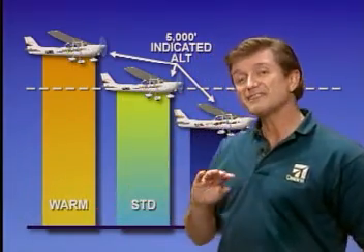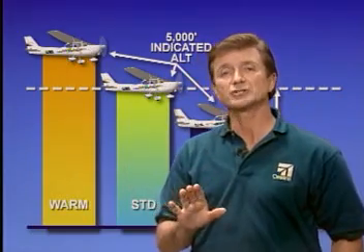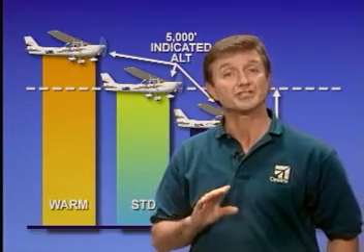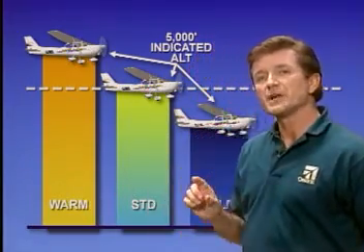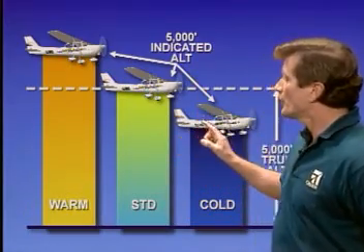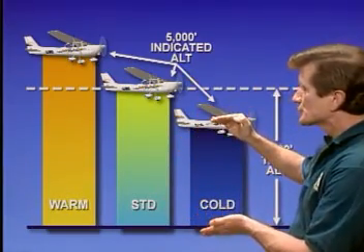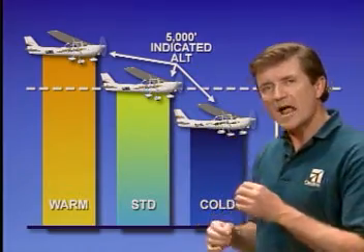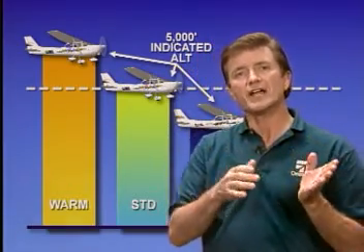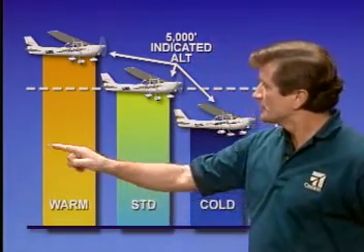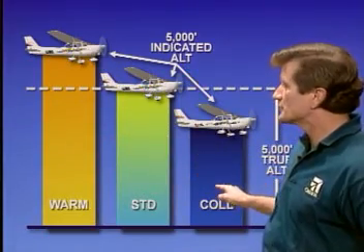The high to low rhyme also works for temperature variations too. You know, altimeters were meant to work when the temperature at sea level is a standard 59 degrees Fahrenheit. Any variation from standard temperature actually causes the atmosphere to change its height. On days when the temperature is colder than standard, the whole atmosphere actually gets lower. So what happens if you're flying from an area that's warmer than standard to an area that is colder than standard?